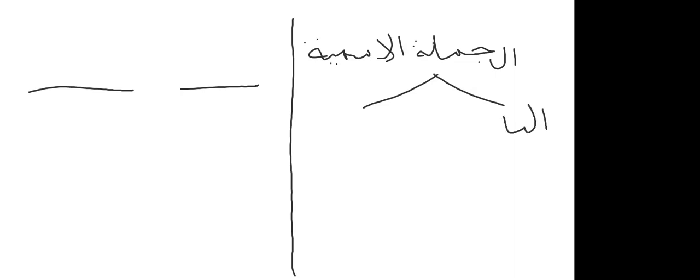And we said it basically consists of two parts. Al-jumlatu al-ismiyya consists of two fundamental parts. The first is the ism that starts it, like al-babu.